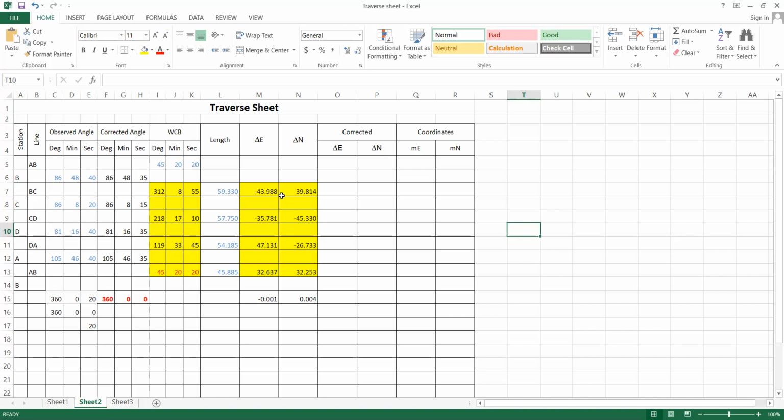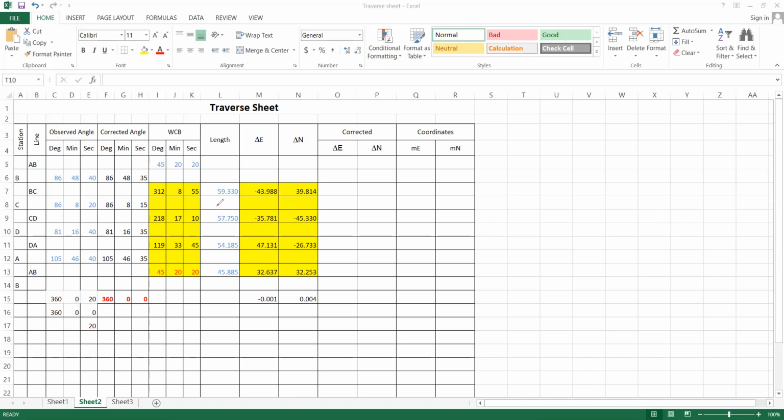L is the length you got as a field measurement, and the other part, the bearings, are calculated using the first bearing measurement and the corrected angles. Angles should be corrected. So we are using the corrected angle, and I explained the process of calculating the bearing.